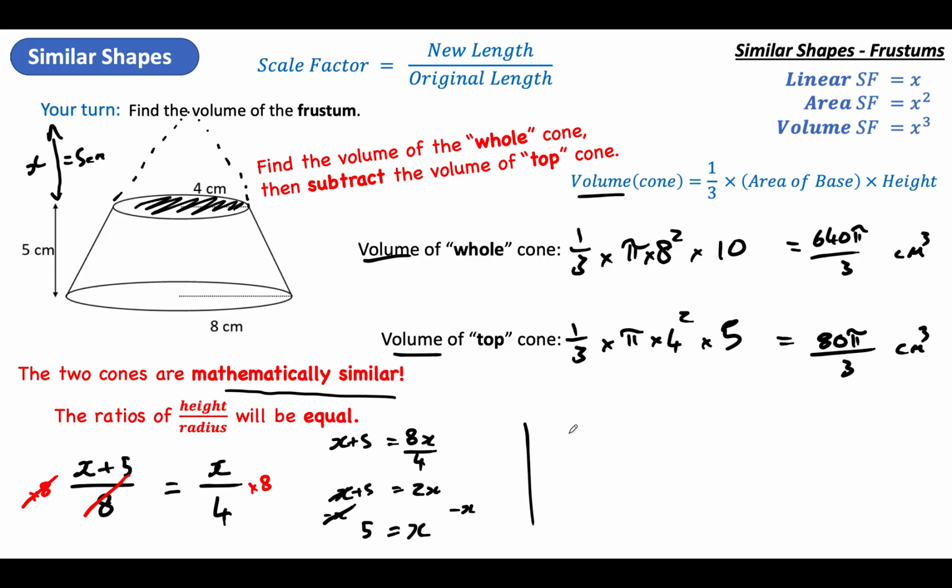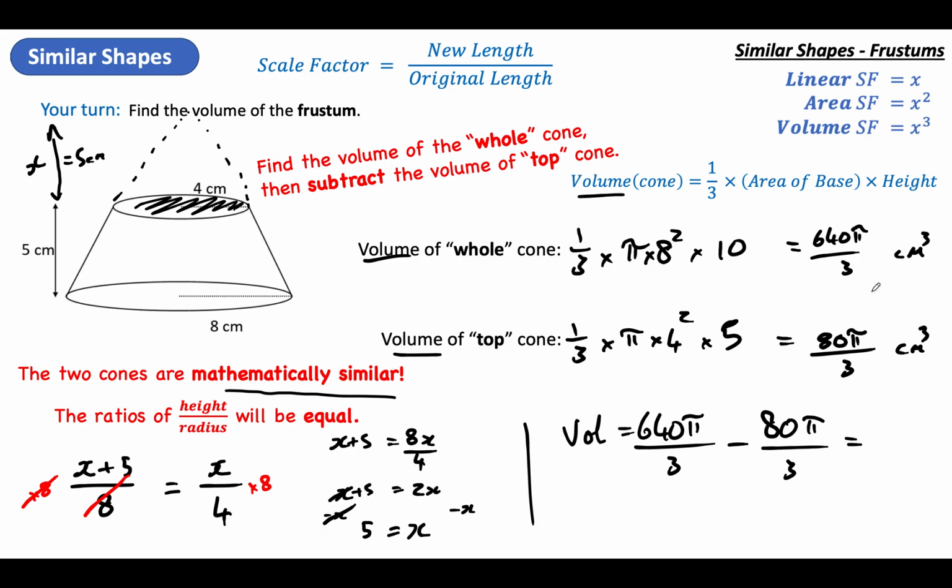Right, so then lastly, the volume of the frustum will be the volume of the large cone, so 640 pi over 3, take away the volume of the small cone, which is 80 pi over 3. Let's put it in a calculator, because I can use it for the decimal then as well.